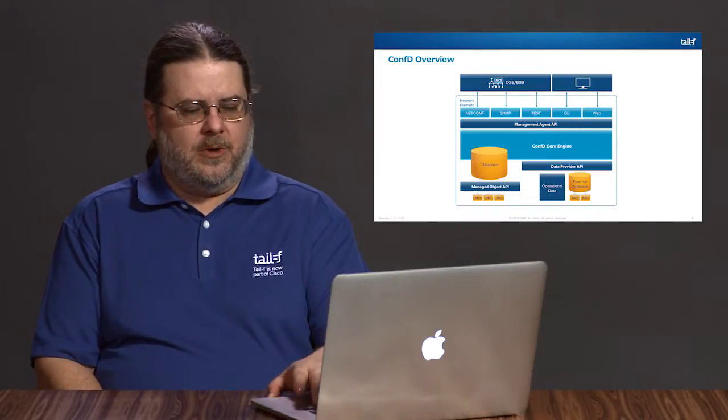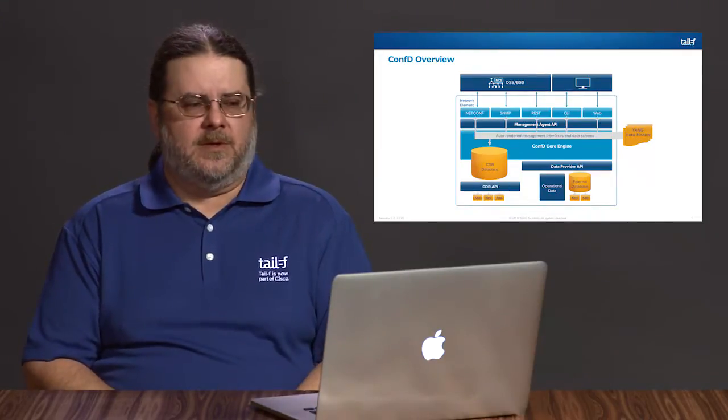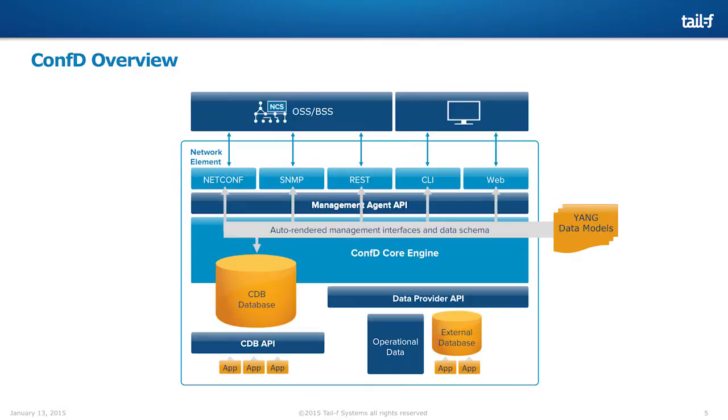Now, an important part of ConfD is the data model. The data model is actually loaded by ConfD at runtime. When ConfD starts up, it will load your data models, and from that, drive the core engine. We will automate everything we can off of that data model.